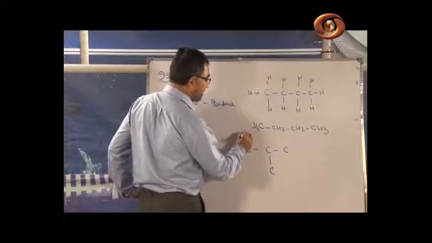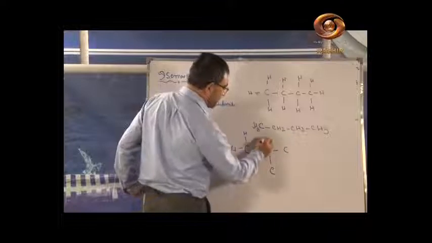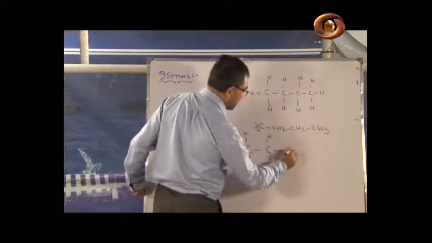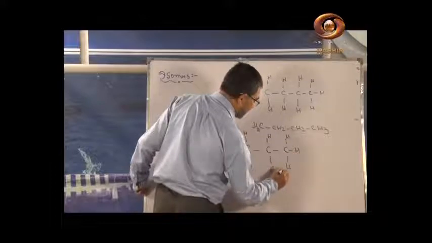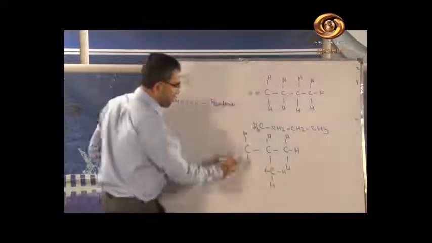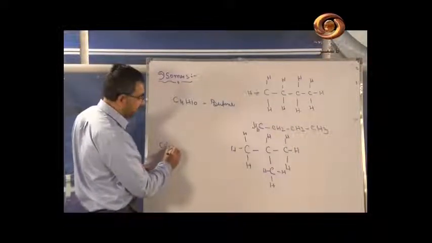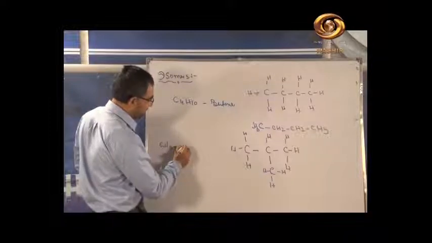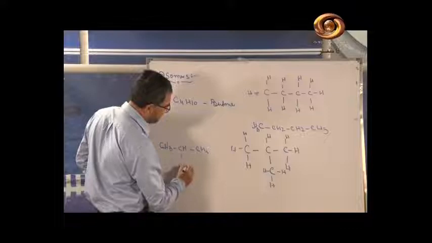Here this carbon needs 3 hydrogens, this carbon needs 3 hydrogens, this one needs 1, and the others need 3, 3 and 1. If we write the condensed formula of this compound, it is CH3, CH, CH3 and CH3.